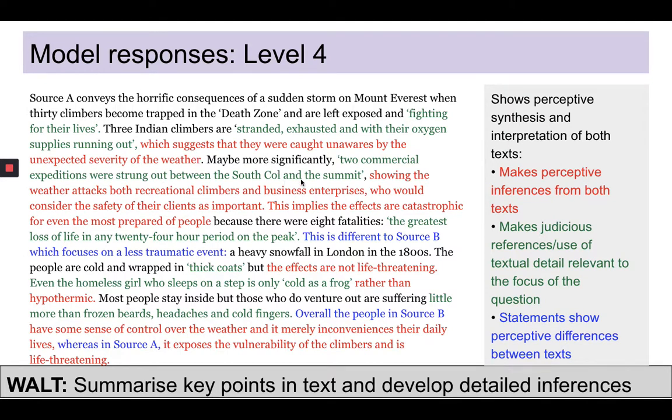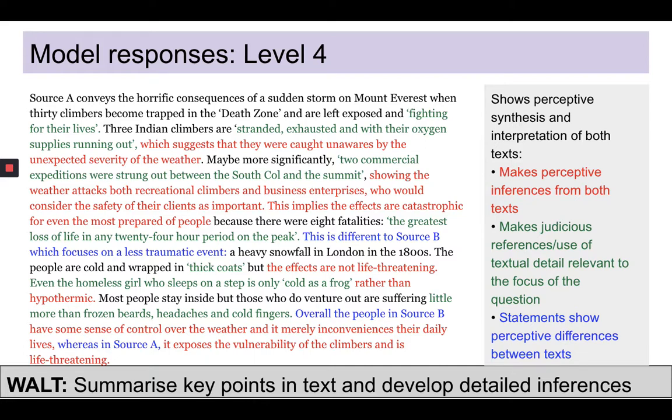And there's some more evidence, showing the weather attacks both recreational climbers and business enterprises who would consider the safety of the clients as important. That is some more detail, so you're just giving extra layers of information.